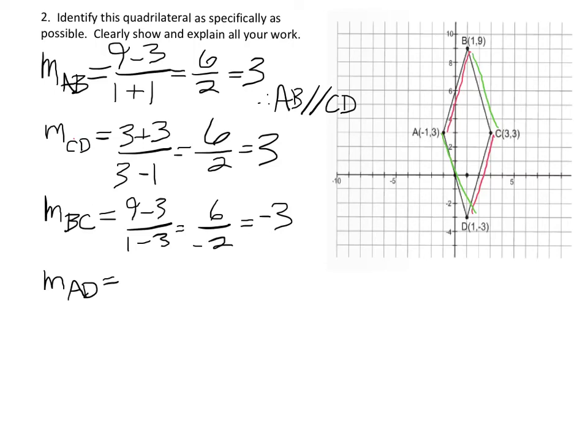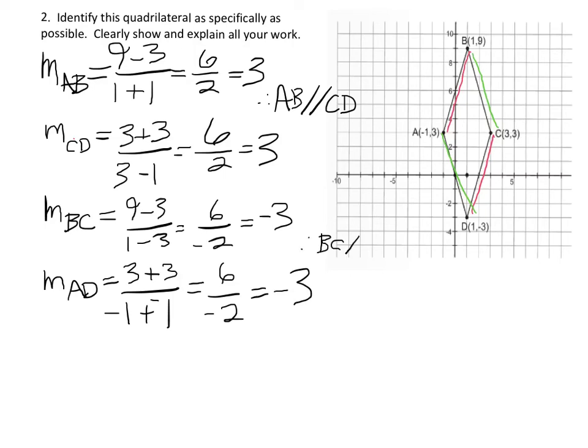Start with the y's, 3 minus -3 makes that a plus, -1 minus 1, or it's almost like a plus negative. That's 6 over -2, which is also -3. So therefore, BC is parallel to AD. So I know it's a parallelogram.